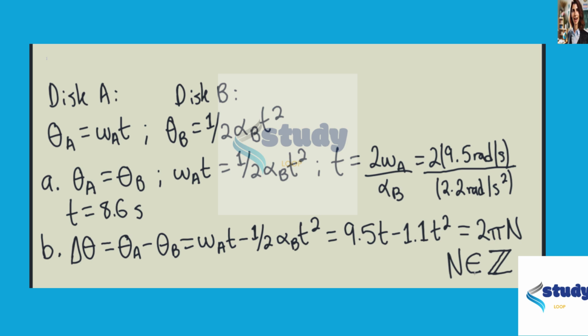This notation just means it is an element of, and the Z with the extra line simply means the set of all integers. So we can say that 9.5 t minus 1.1 t squared equals 2 pi n. This is a quadratic equation.